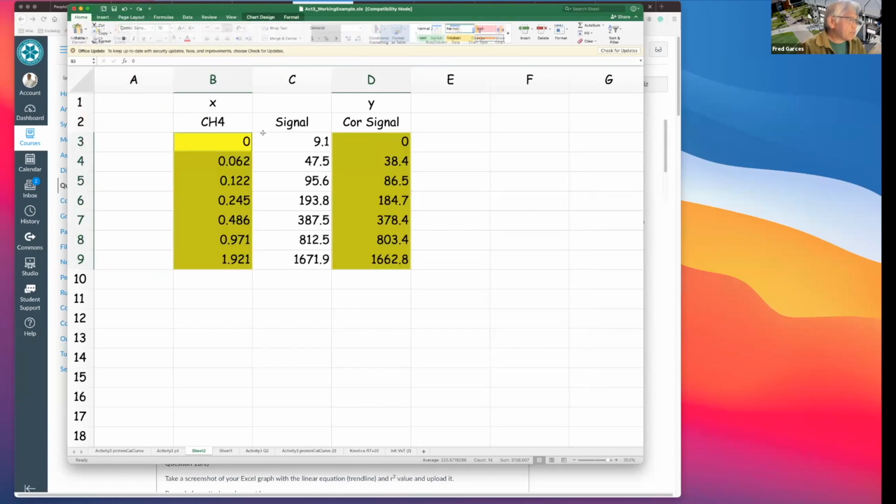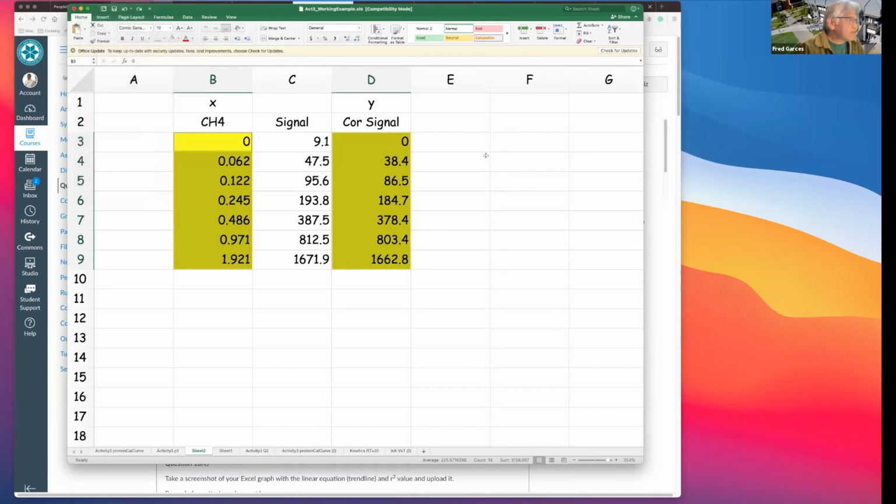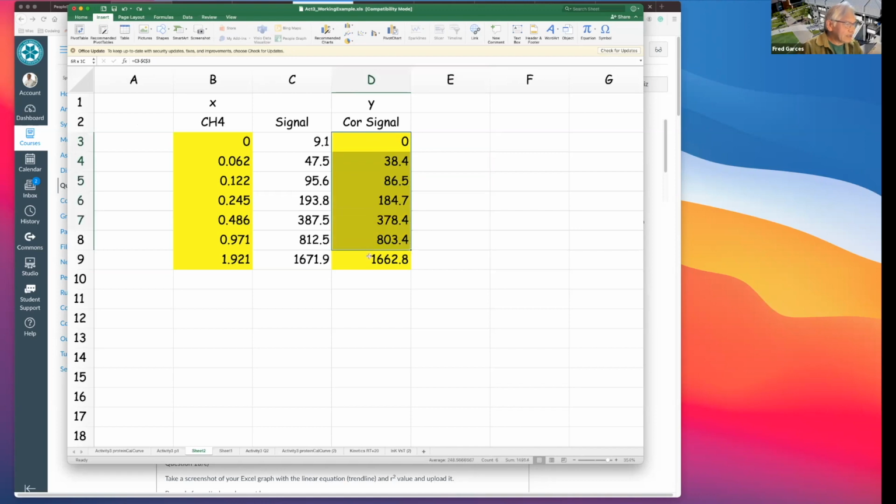Oops, I did that prematurely. So it's a chart, scatter XY. Okay. I believe there is also, yeah, here under insert, if you go to the spreadsheet, again, let me highlight this.